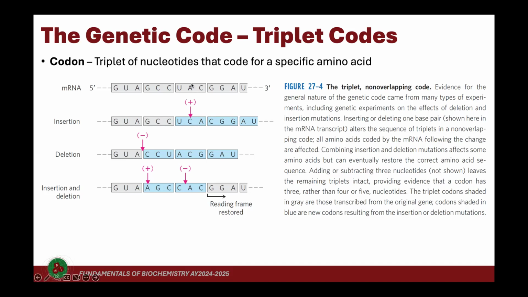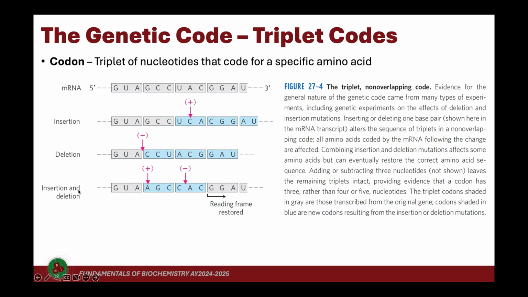As you can see here, if you try to insert C, then you affect the third codon and so on. And if you delete the fourth nucleotide G here, you affect the second codon and so on. So you will get a different protein product for each setup.